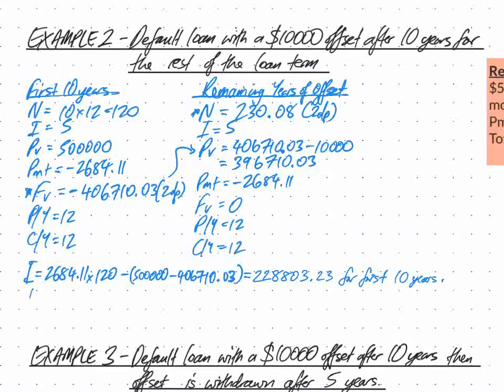Now I need to do the interest for the remainder of the loan. I was paying the same thing, 2684.11 times 230.08. Oh, it's minus. When I made the offset, my debt was 396,710.03.